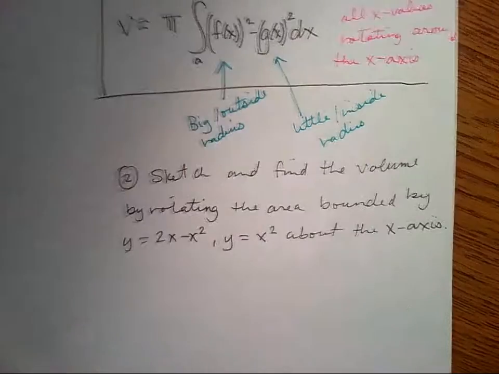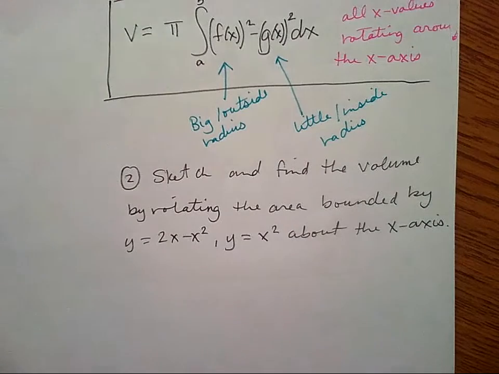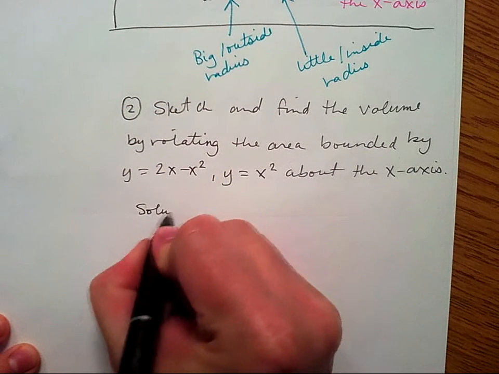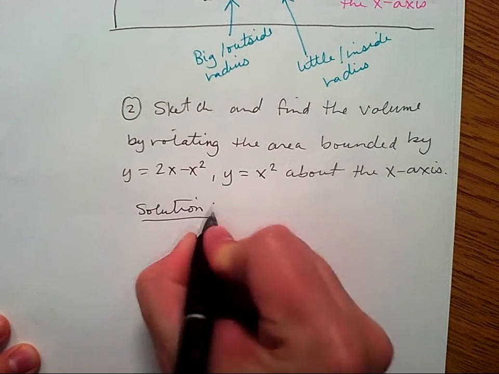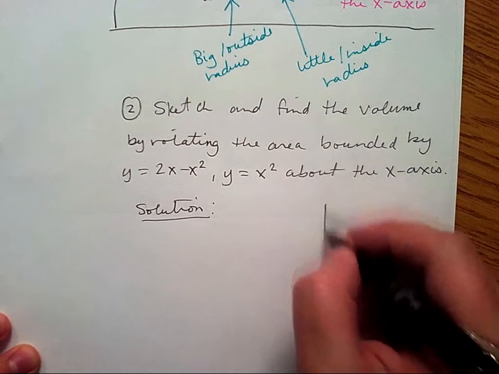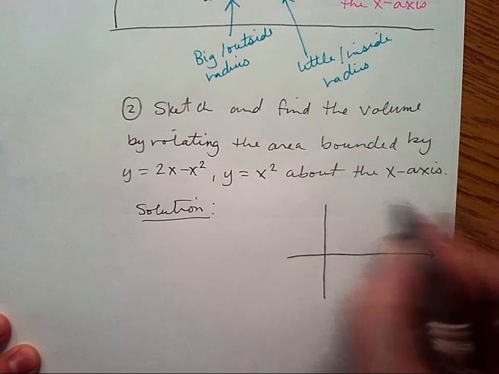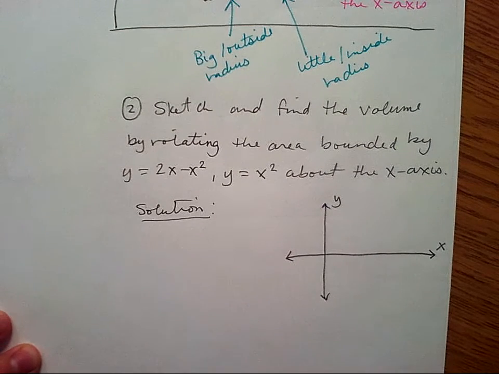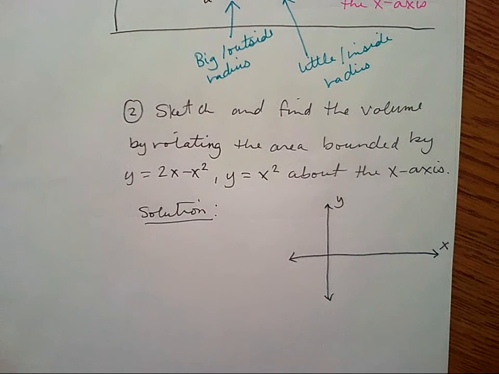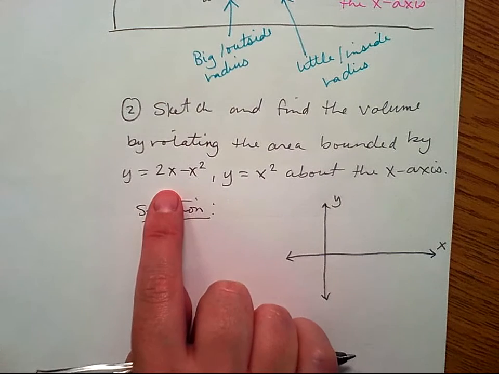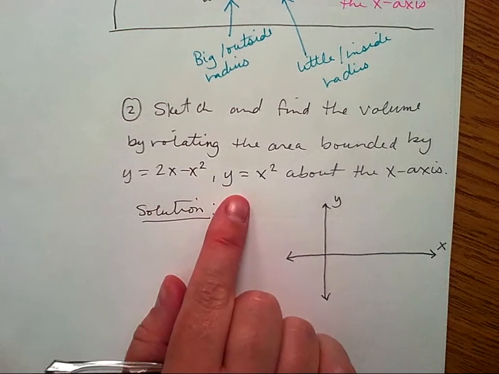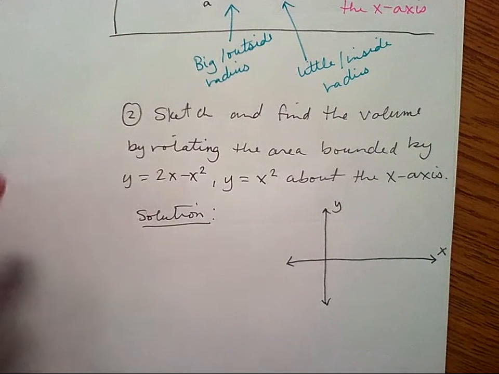Okay, so find the volume by rotating this area around the x-axis. So first step is we need to draw this thing, right? Okay, so I have 2 parabolas, right? 2x minus x squared is a downward facing parabola. And here I have y equals x squared. That's an upward facing parabola, right?